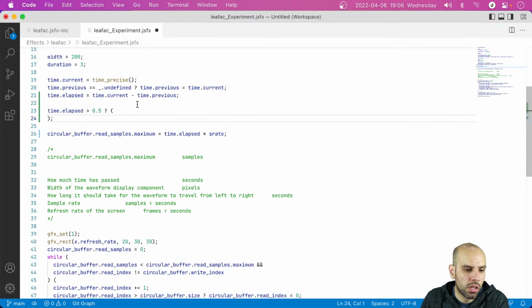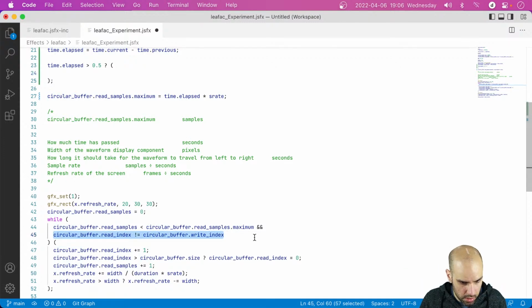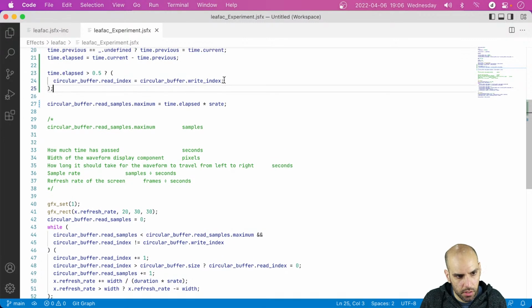So I will instead just snap the read index back into the write index. This should have the effect of resyncing stuff.